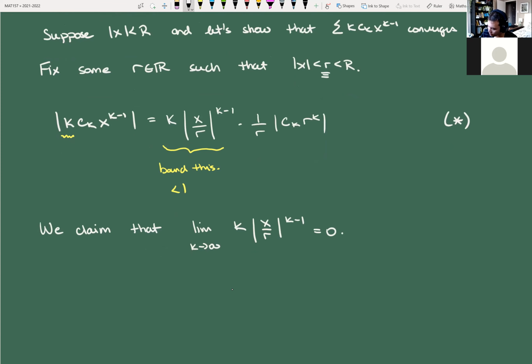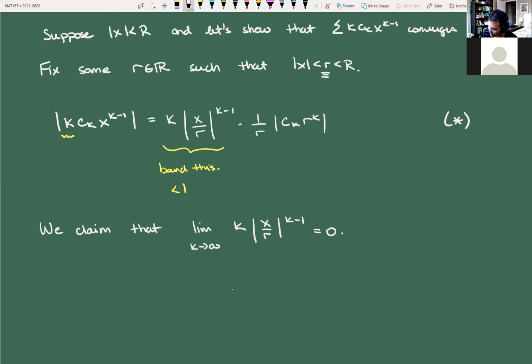Okay, and hopefully that's clear from an intuitive viewpoint: x over r is less than 1, and as I take higher and higher exponents, that thing is probably going to dominate as k goes to infinity. On the other hand, though, it is being tempered by this number in front, k, which is itself getting bigger. So it's not quite clear, but exponentiation usually beats linear stuff. So we just have to be a little bit careful about that.